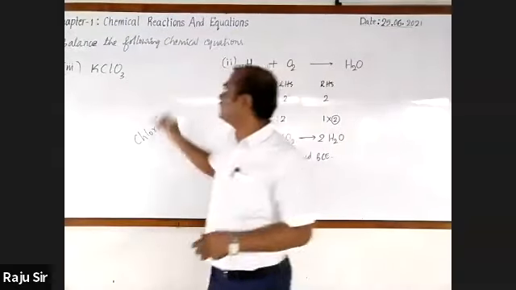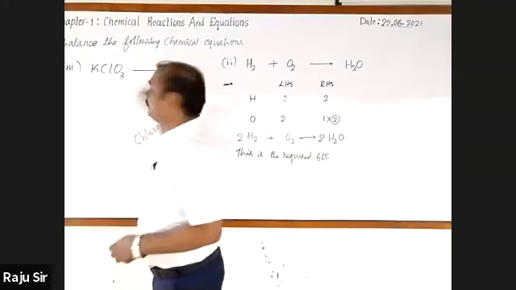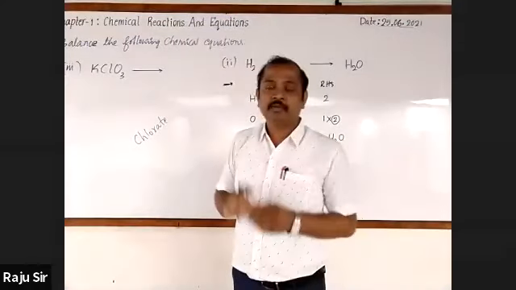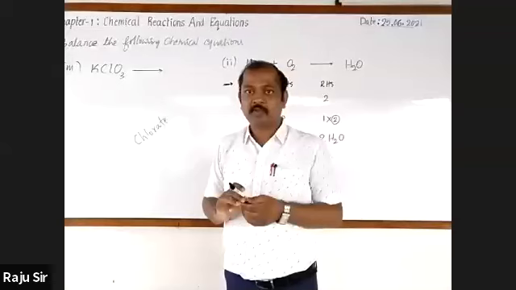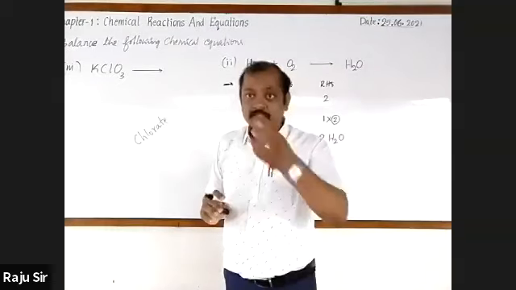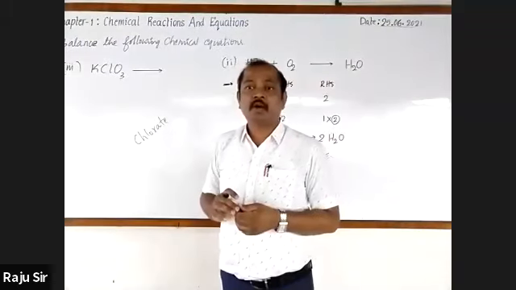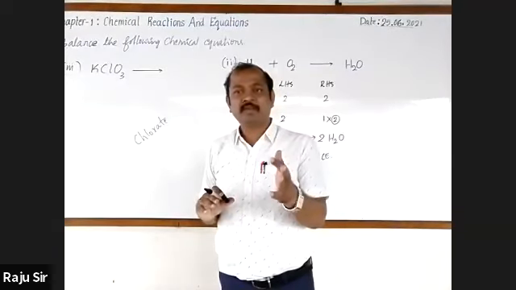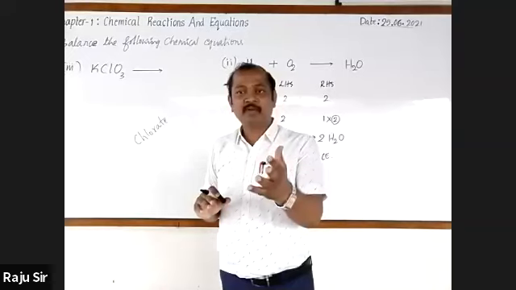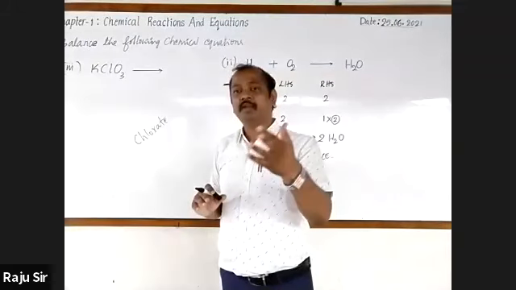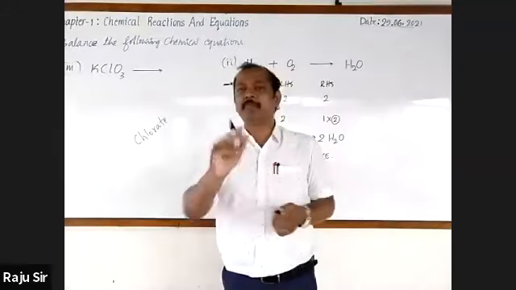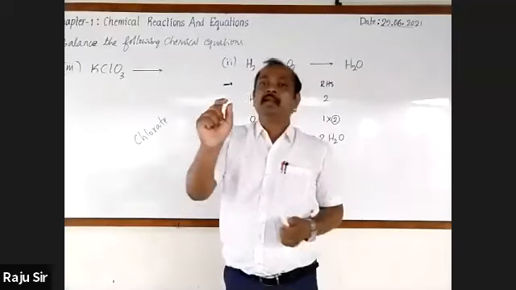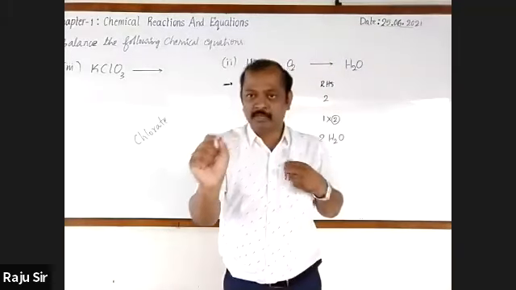Now what we will do is, this compound is to be heated in the presence of a catalyst called manganese dioxide. What is a catalyst? You have learned in your previous class. I'll definitely give you the information. Briefly, a catalyst is also a chemical substance.